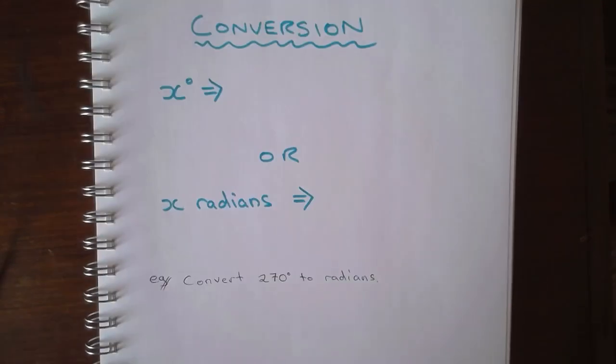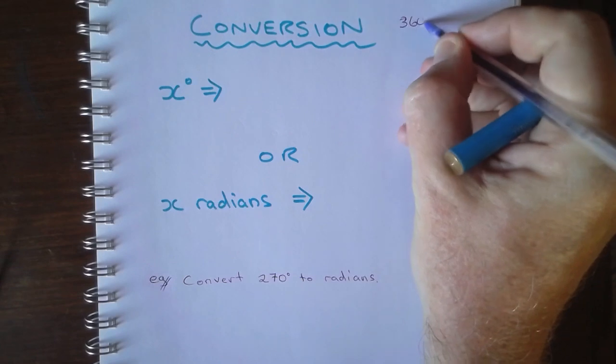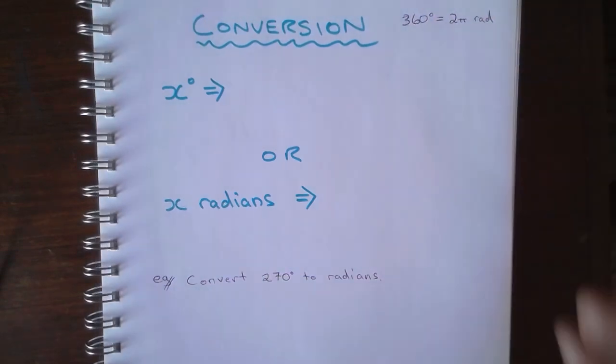I was saying that our conversion would be possible by using that equivalence statement. Remember, the equivalence statement was that 360 degrees is equal to 2 pi radians. So we can use that to get a conversion between degrees and radians. We can also think of this as being a sort of proportional relationship.